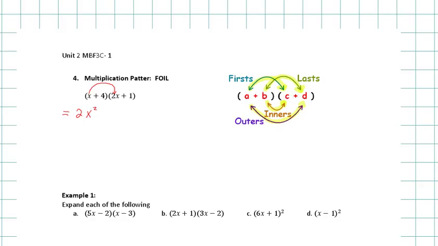So I multiply x times 1, and I get 1x. Plus 1x. So, first, outer, inner. What are my inner numbers? 4 and 2x. What's 4 times 2x? 6x? No, 8x.